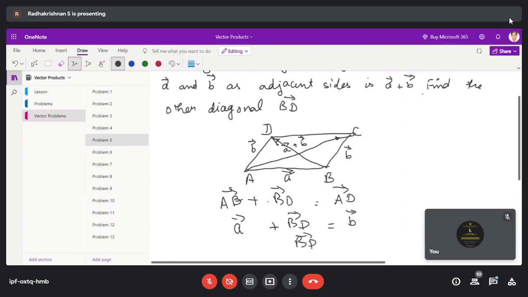So BD equals B minus A. If you draw the diagonal in the other direction, DB, that will become A minus B. So in terms of magnitude, if one diagonal is A plus B, the other diagonal is A minus B.